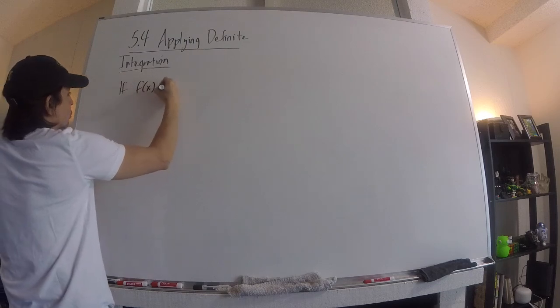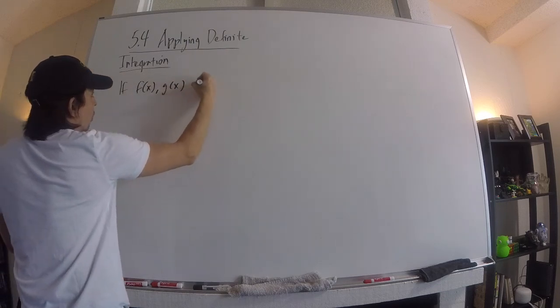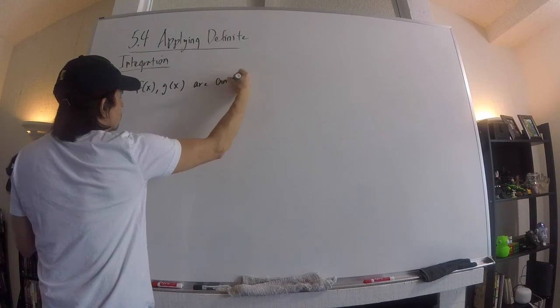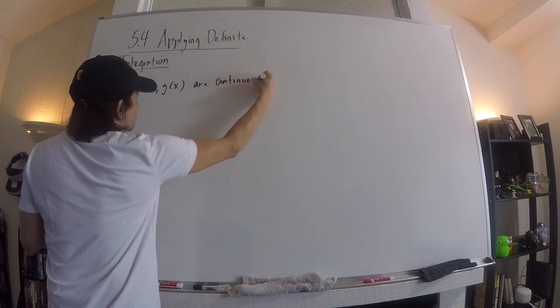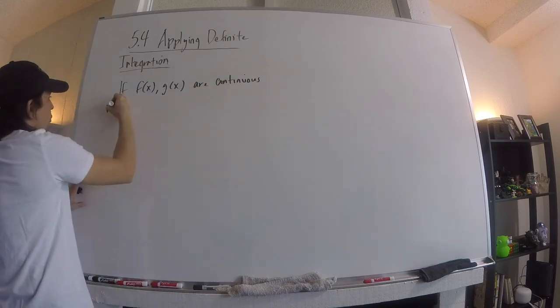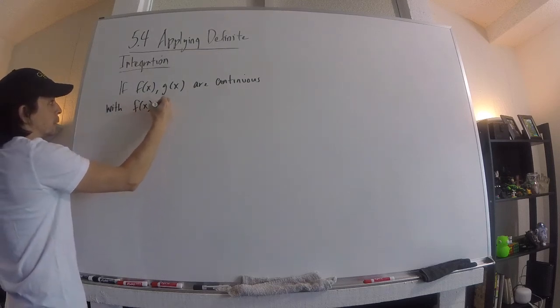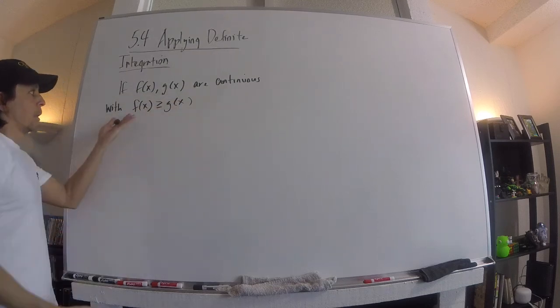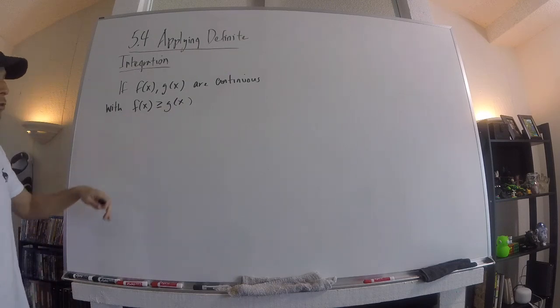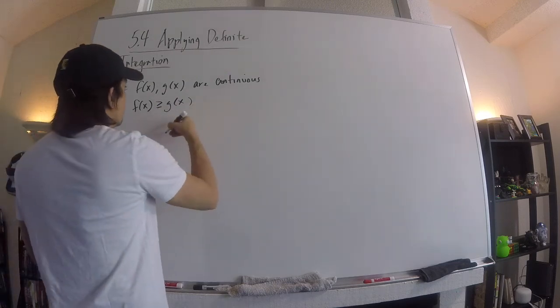If f of x and g of x are continuous on an interval a to b, but also with specifically f of x being greater than g of x, so on the graph f of x will lie above g of x. I'll draw a picture in a bit.